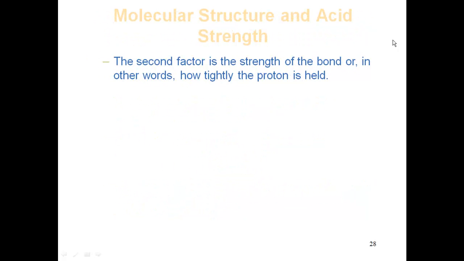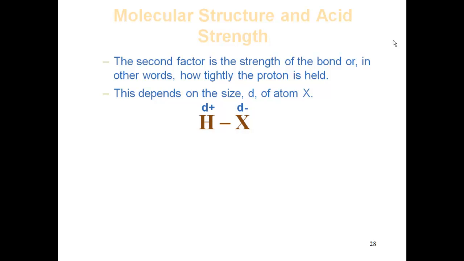The second factor is the strength of the bond, or in other words, how tightly that proton is being held. This depends on size. Once again, let's look at HX here. If I have a species that has an atom this size, let's say, where the negative charge is in the middle of the nucleus, and you have your positive charge on your hydrogen.